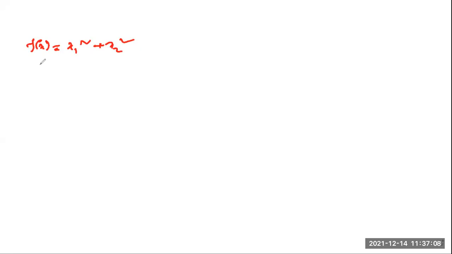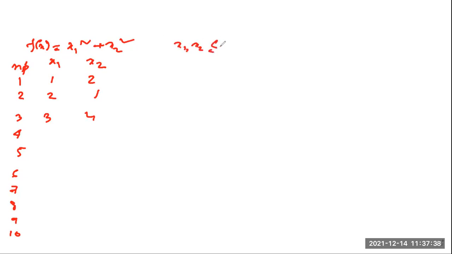Let us say you have a population of 10, numbered 1 to 10, with randomly initialized variables, where x1 and x2 both lie within 1 to 5. So, for example, (1, 2), then (2, 1), then (3, 4).